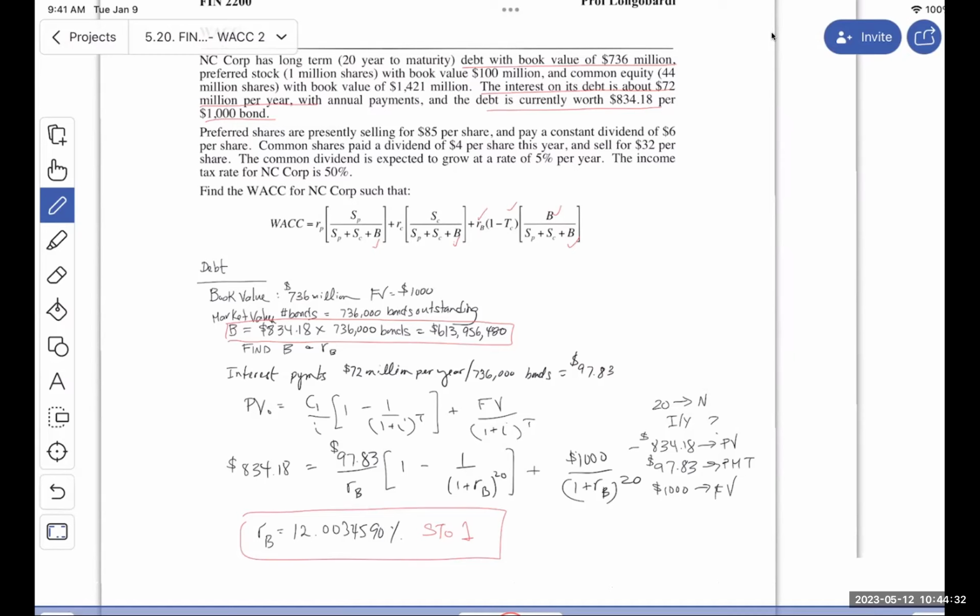So we learned several ways of estimating the cost of equity, but you can only calculate it given the information you have. So which way will you use to calculate the cost of equity for preferred stock? What method? Very good.